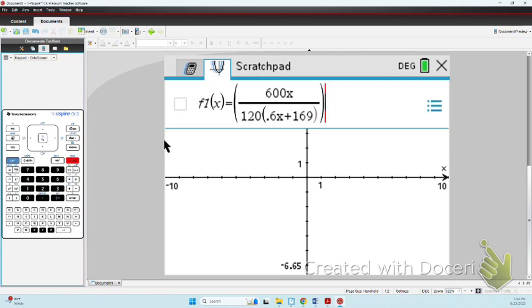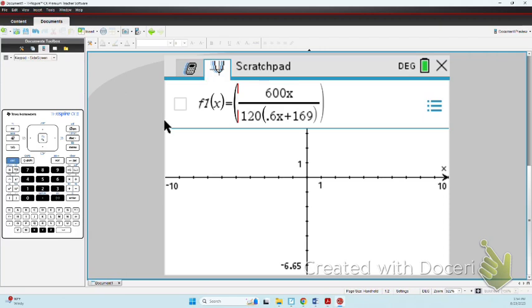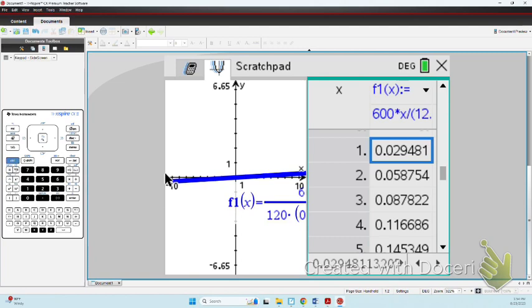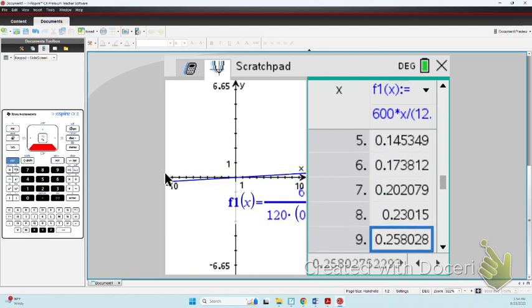And I don't like that, so get rid of that. You hit Enter, and you get a graph. That's not very helpful, but you press Control T, and you get the entire table.